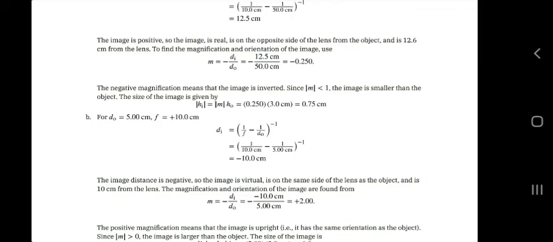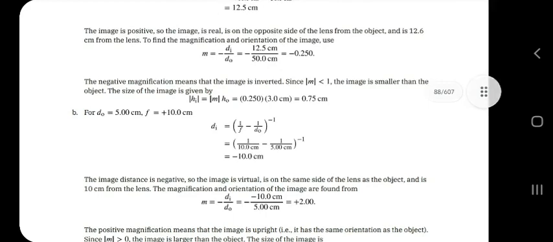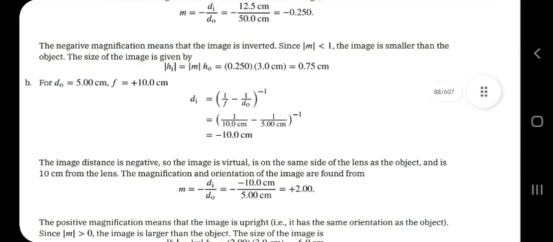Only the values are different. The focal length is 10 cm and the object distance is 5 cm, then we simplify. So the image distance is equal to negative 10 cm.